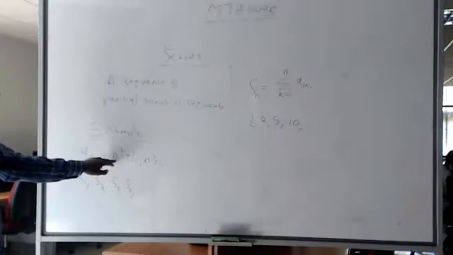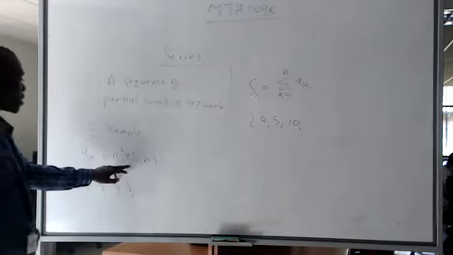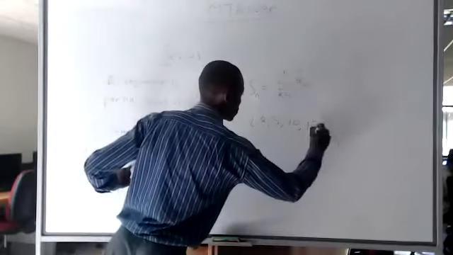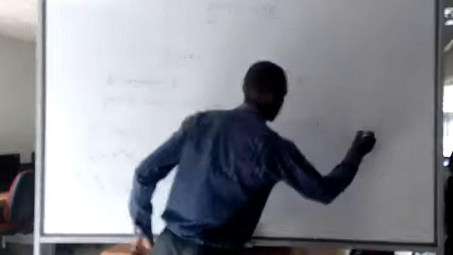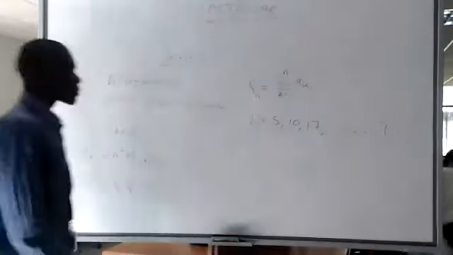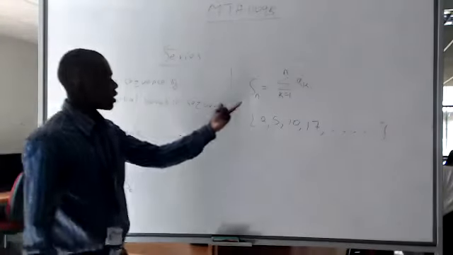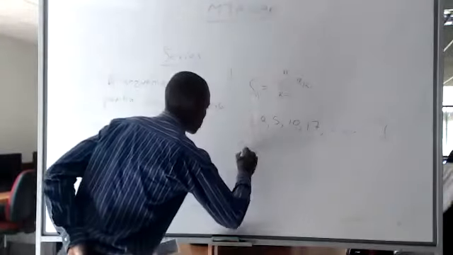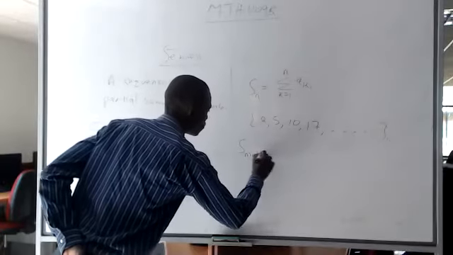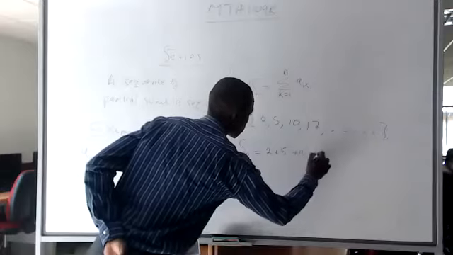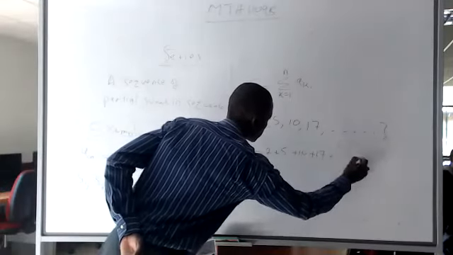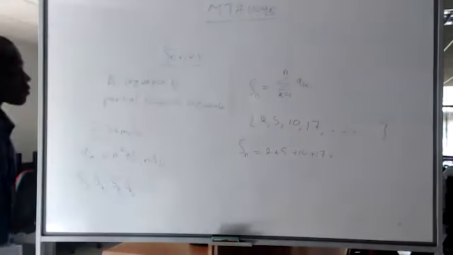At n is 4, 4 squared plus 1 should be 17, all the way up to infinity. So in this case, the series will simply be 2 plus 5 plus 10 plus 17, and it goes on and on.